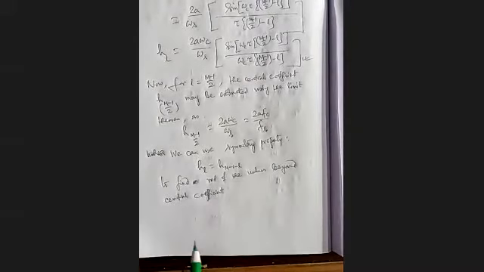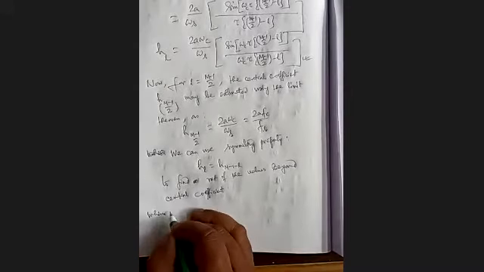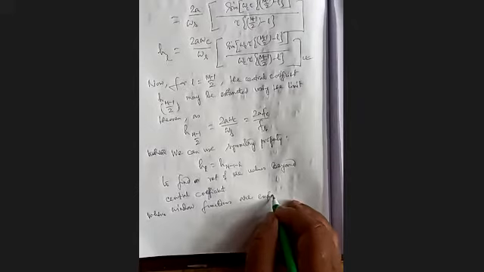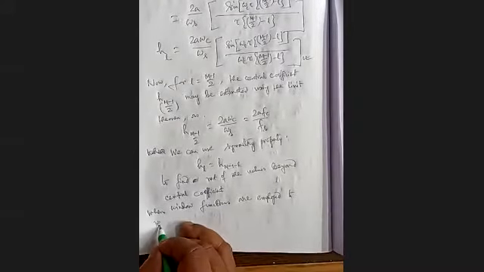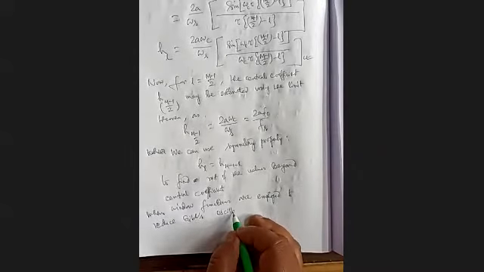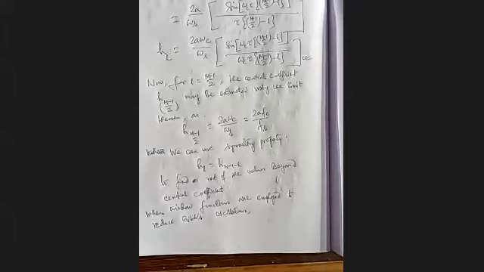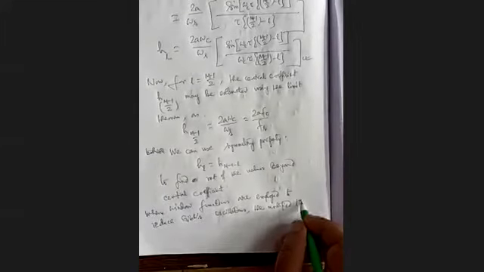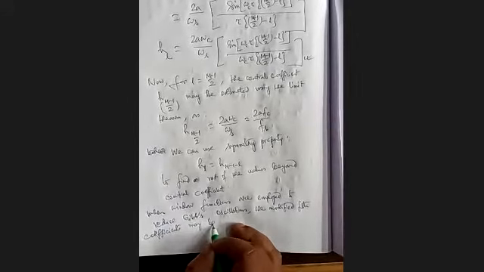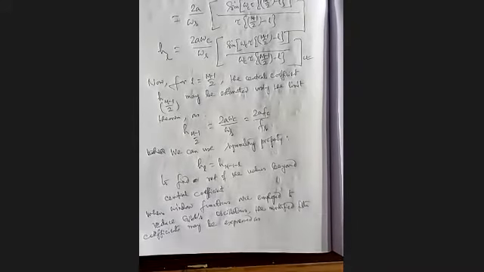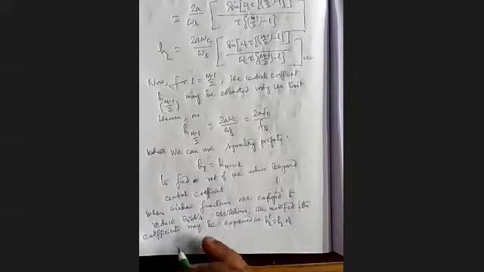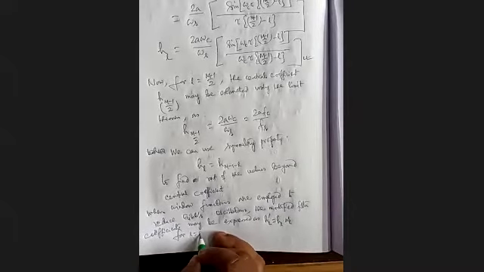So once we find out HL, then what do we do? When window functions are employed to reduce Gibbs phenomenon or Gibbs oscillation, the modified filter coefficients may be expressed as HL dash equal to HL into WL, for L equal to 0, 1, 2 up to M minus 1.